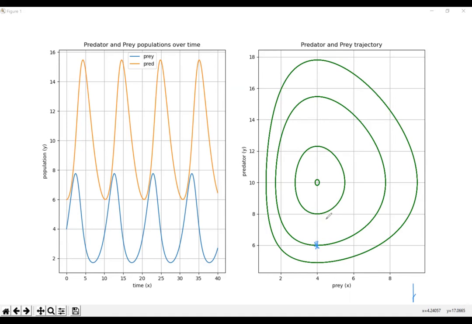And what we see here is that first the populations go up again, but then as the predator populations are too large, they reduce the prey population, and the prey population goes down. Eventually also the predator population declines, and the prey population begins to recover.